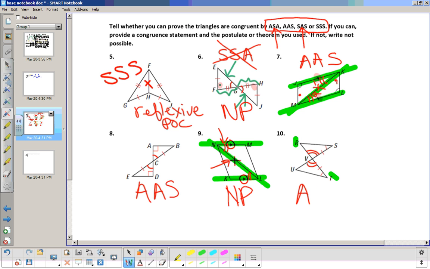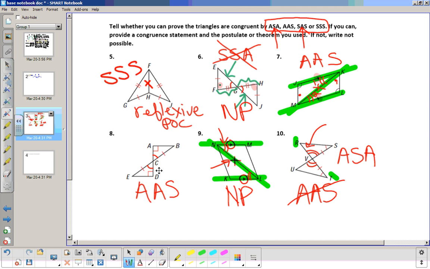So angle, angle, side would be incorrect unless you actually indicated those third angles were congruent. So you would have to do angle, side, angle. Likely, if you've made the markings, I will trust your logic related to the markings, but I won't accept incorrect conclusions if there aren't any markings there to confirm or support it. So that's what I have for the quiz.